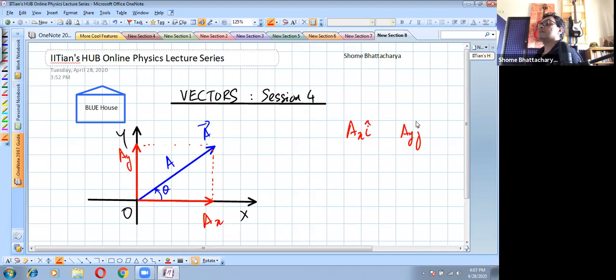So ax and ay here are scalar quantities. i cap and j cap are the unit vectors along the x axis and the positive y axis. So ax i cap becomes a vector of magnitude ax along the x axis, and similarly ay j cap. So we add these two vectors, you can see you get the original vector. So this is the vector expressed in component form.